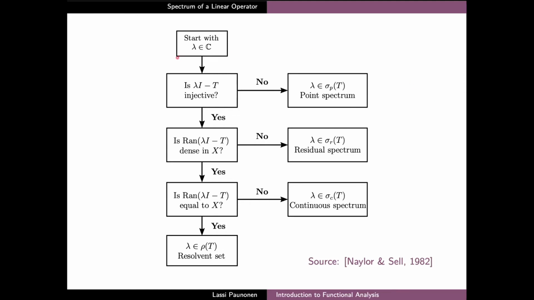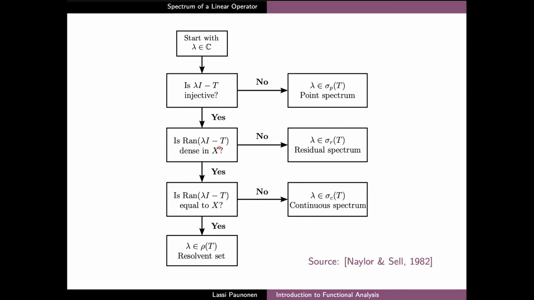If we begin with an arbitrary lambda, we can first check if the operator lambda I minus T is injective. If the answer is no, then lambda is an eigenvalue of T and thus belongs to the point spectrum of T.